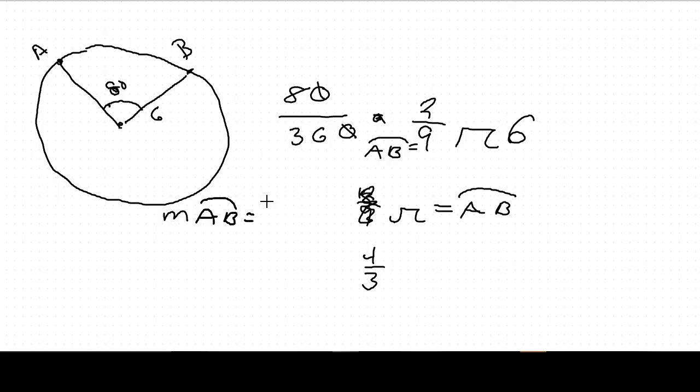This is still the 4/3. How do you figure out the measure of that chord? It's the same as the central angle. What's the central angle there? 80 degrees. So you write 80 degrees next to that. It's just that. Those two are always the exact same as one another.